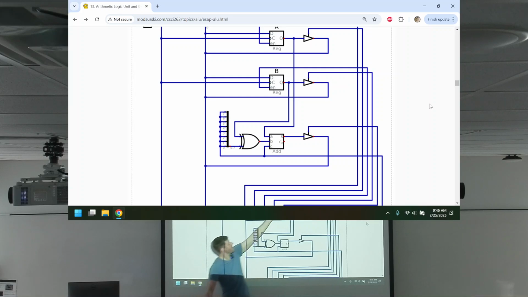Immediately, if A becomes 19, Q is 19, meaning 19 is put back into here. So you might be worried, well, wait a minute, it's always taking.